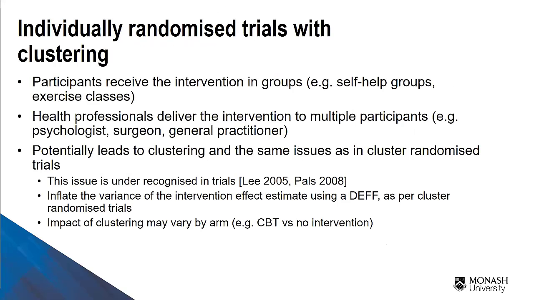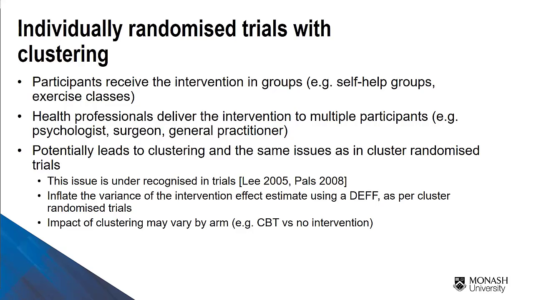Participants may receive the intervention in groups, such as self-help groups or exercise classes, or it could be that we've got health professionals delivering the intervention to multiple participants, as I've just shown you with the example of psychologists, but it could be surgeons undertaking surgery on multiple participants, or general practitioners.